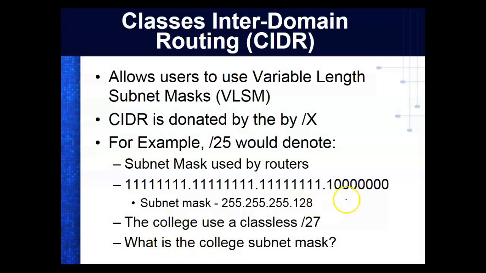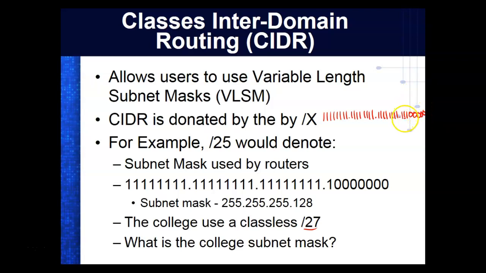So for a /27, the subnet mask would be 1, 2, 3, 4, 5, 6, 7, 8, 9, 10, 11, 12, 13, 14, 15, 16, 17, 18, 19, 20, 21, 22, 23, 24, 25, 26, 27. And then the rest of this would be node IDs.